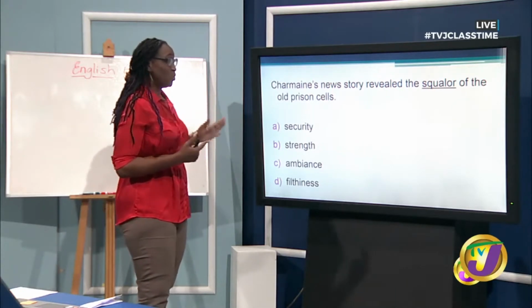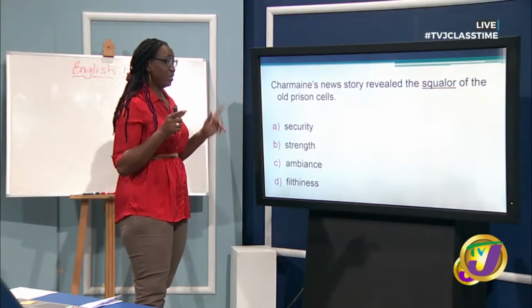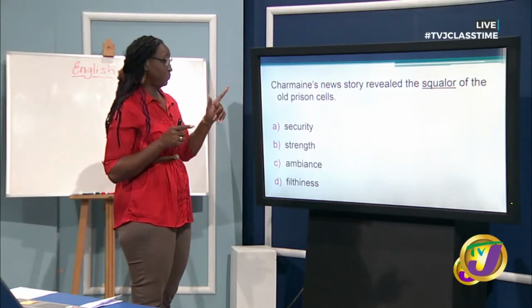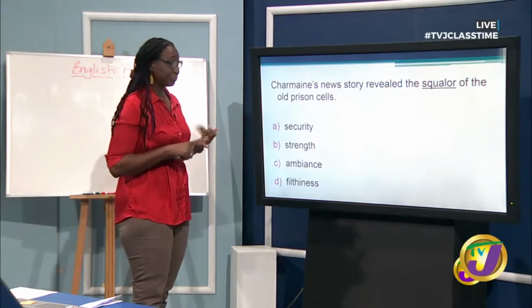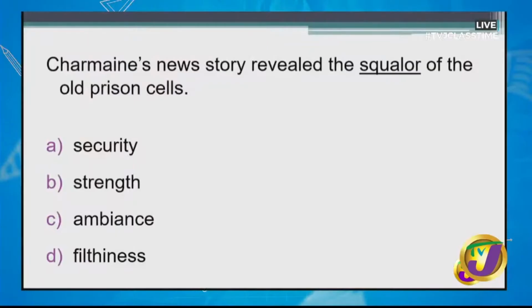So of these four, which one do you believe conveys the same meaning as squalor? So you have security, you have strength, you have ambiance, and you have filthiness. Revealed the squalor. Because it's prison cells, you might be thinking, security looks like a good option.